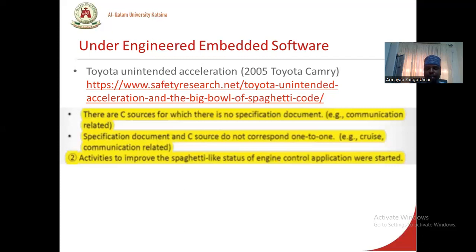So the specification says you need C, but the implementation implemented A, B, and D. And when they were conducting the investigation, they found the company's engine control application was in a spaghetti-like state. That is, the software code resembles spaghetti. It's tangled all over, which is a problem for maintainability.